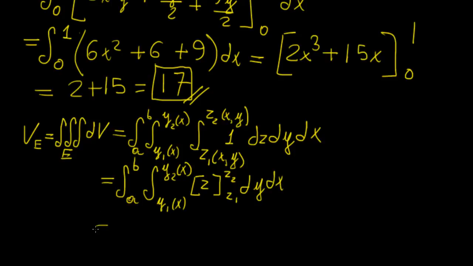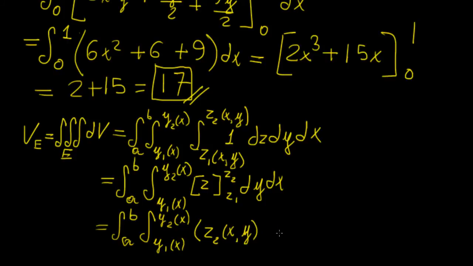And something very peculiar happens here, because as you might imagine, what we're going to end up getting is the difference between those two surface functions. So we have two surfaces. We're going to be subtracting them from each other, like this. And then we're going to perform a double integral on that.